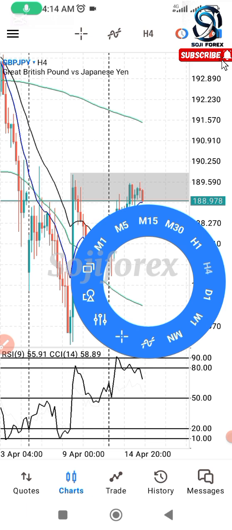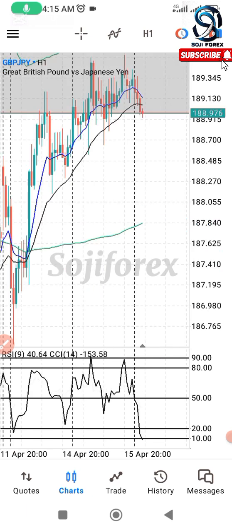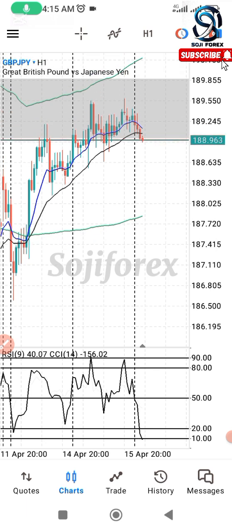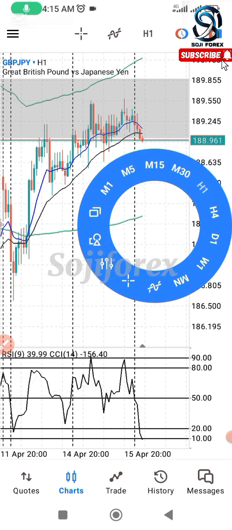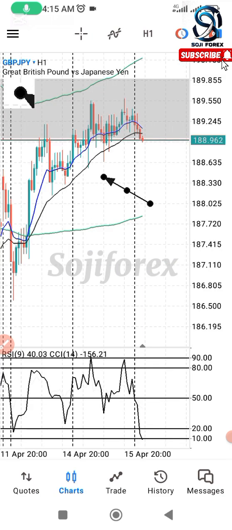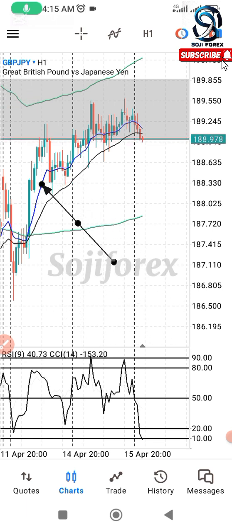So when price pulled to that zone, we came to our 1 hour time frame. If you look at this 1 hour time frame critically, price is around the upper Bollinger Band zone, because this is your upper Bollinger Band and price is around the zone. Whenever price is around either the upper Bollinger Band, middle Bollinger Band or lower Bollinger Band, it becomes a double confirmation for us.